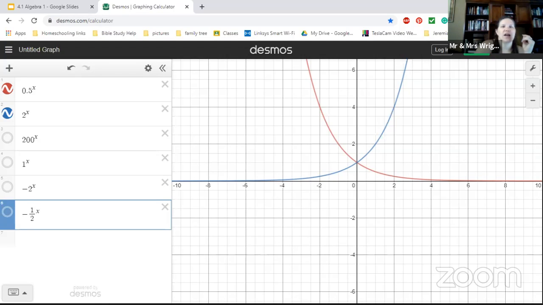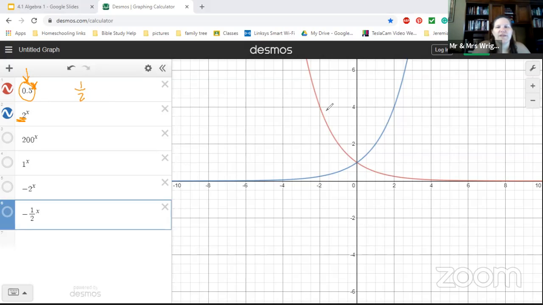If you notice, that means that we have a fraction or a decimal as our base number with our exponent being our input variable, right? Or independent variable. Whereas our blue graph is a whole number too. Half is the same thing as, or the opposite of 2 because it's 1 over 2. It's the inverse, right?